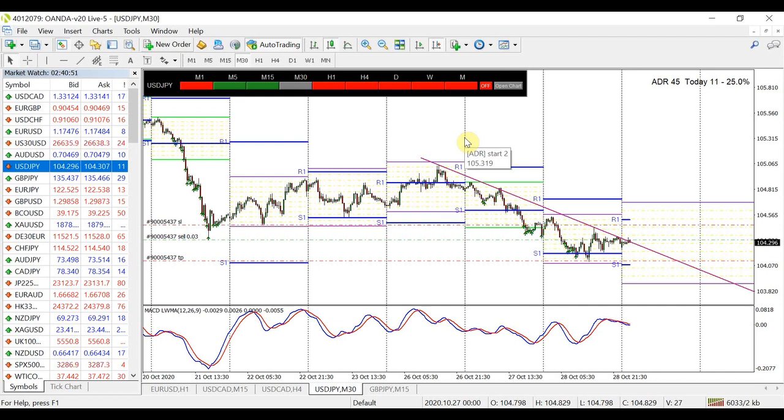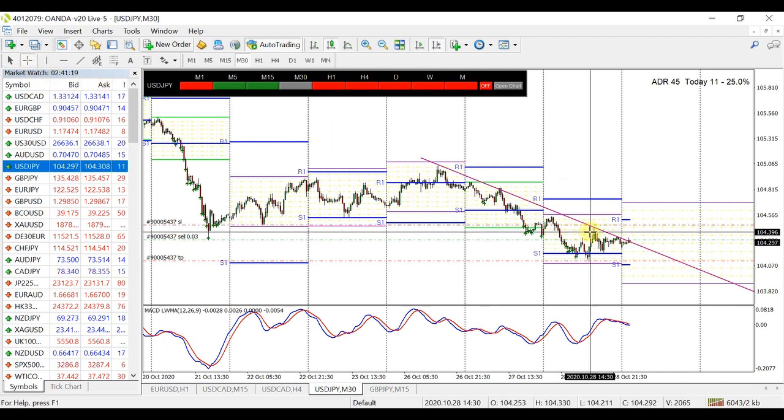The next thing I look at, once I plot in my R1 and S1 levels on the chart, is how far price is away from those levels, to make the trade worthwhile. And personally, if you're going to use R1 and S1 as potential take profit targets, you really want to do it earlier in the day, because that is where the potential growth is, or the distance that price is away from those potential levels.